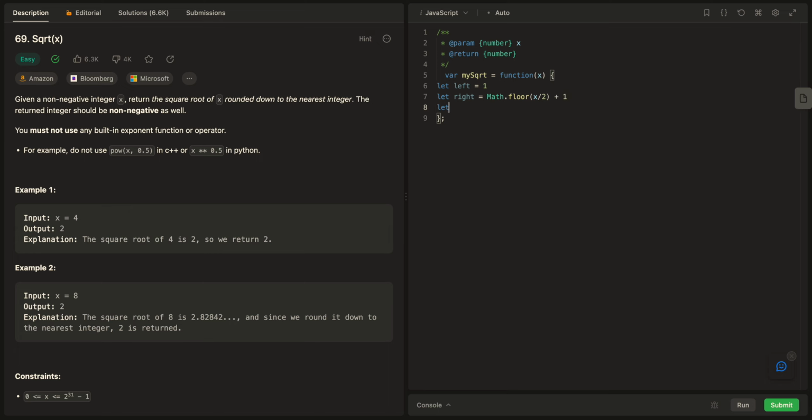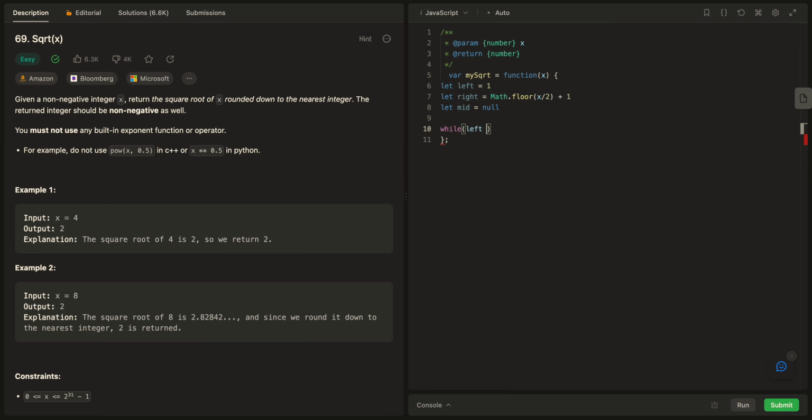I would also let mid equals null for now, and I will make a while loop. I will solve this one with binary search, so the time complexity will be O(log n).